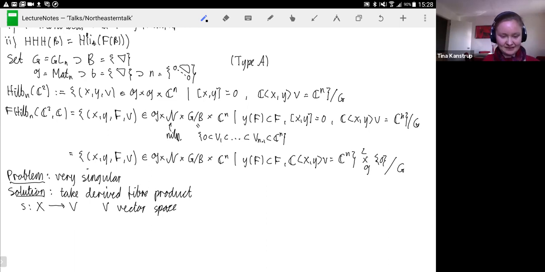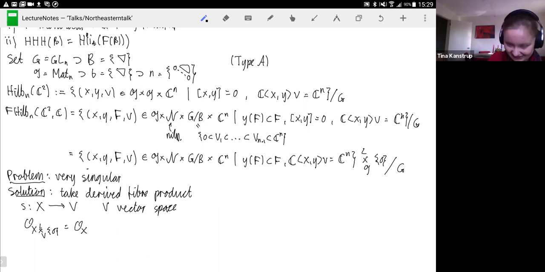So S is some morphism from my space into my vector space, and then I can define the derived fiber product as a tensor product. Tensor product I can take derived. I don't know what geometrically derived would mean, but I know very well algebraically what it would mean.